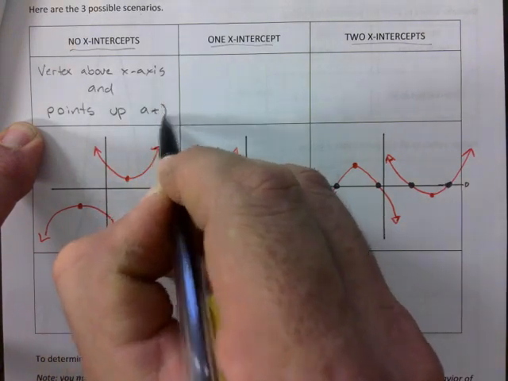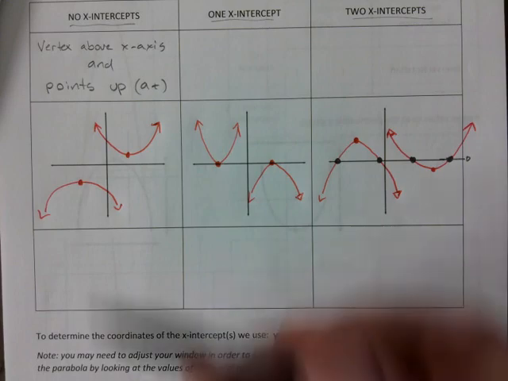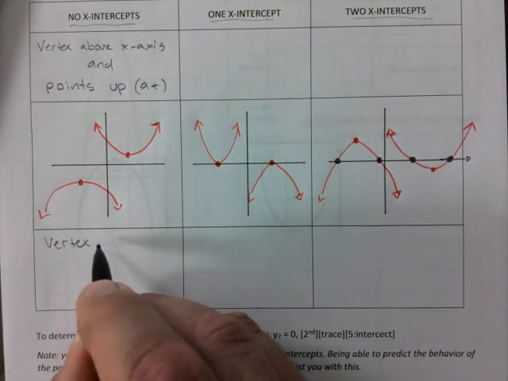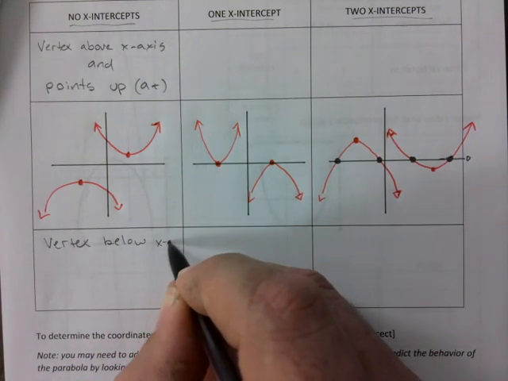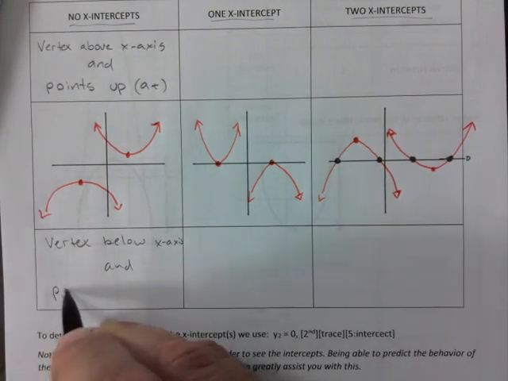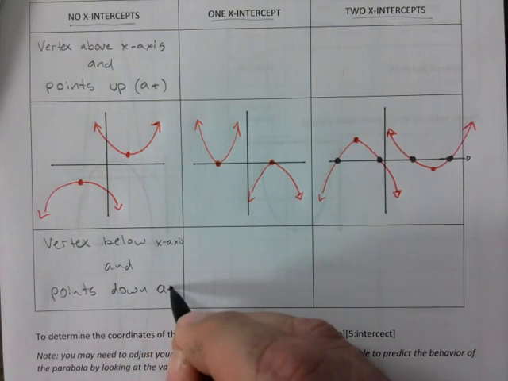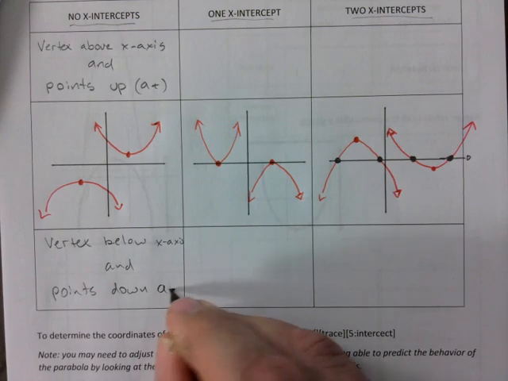So a is positive in that scenario. The vertex is above the x-axis, and the graph points up. And down here, the vertex is below the x-axis and points down. a is negative. Oops. a is negative.